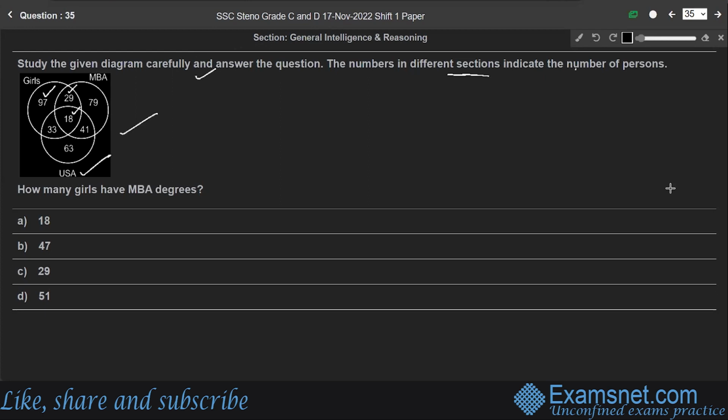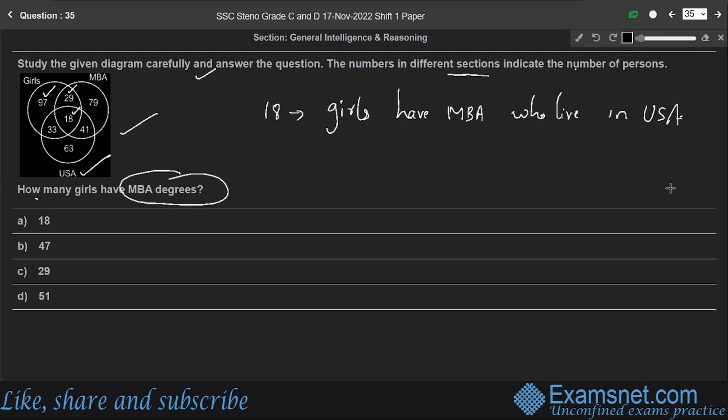Therefore, the number 18 indicates 18 girls have an MBA degree who live in the USA. Here the question is, how many girls have MBA degrees? Of course, 18 girls have MBA degrees.